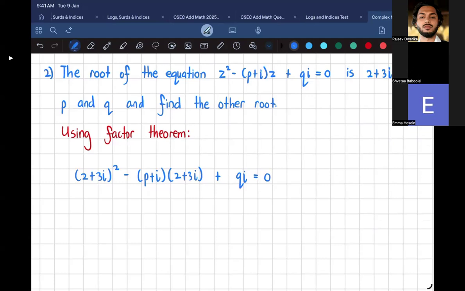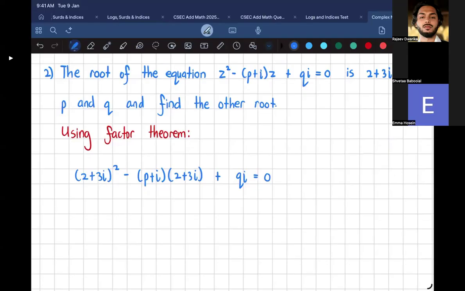In the question they give us one root, and when I plug that root into the quadratic equation, it's supposed to give a value of 0, because a root means a factor of the equation.